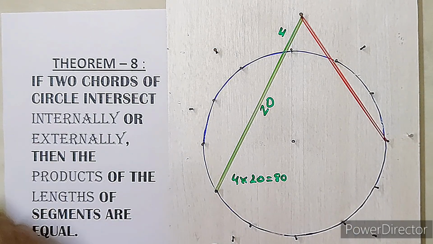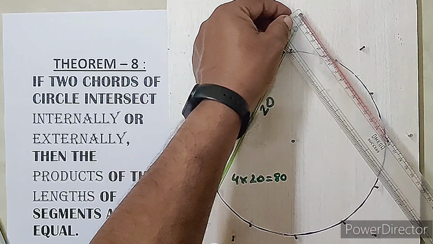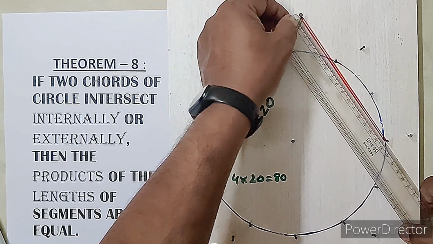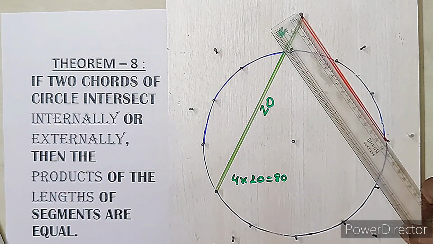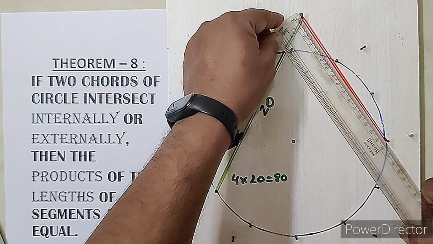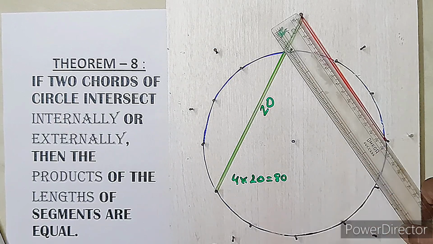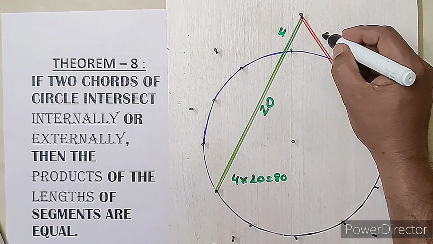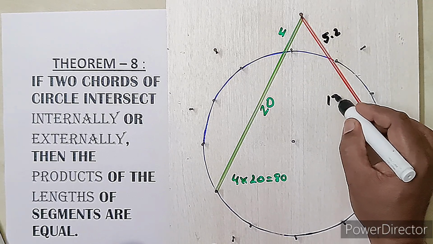Now let us take the other chord, the two line segments, what we are getting here. Remember that the meeting point is where it is touching the circle, not this nail, but at this point. So what I get to see here is that the measurement is, on keeping here properly, 5.2 here, and here it is coming as 15.5. So 5.2 and 15.5 for this entire length.